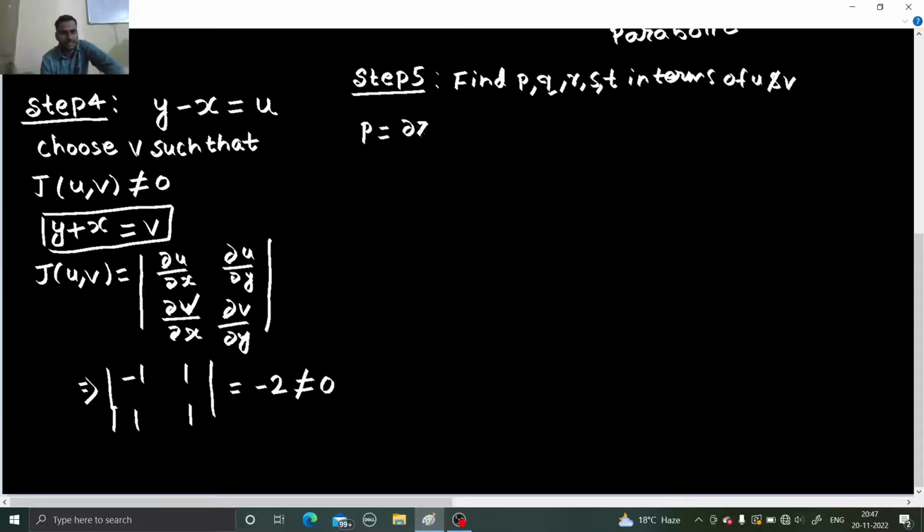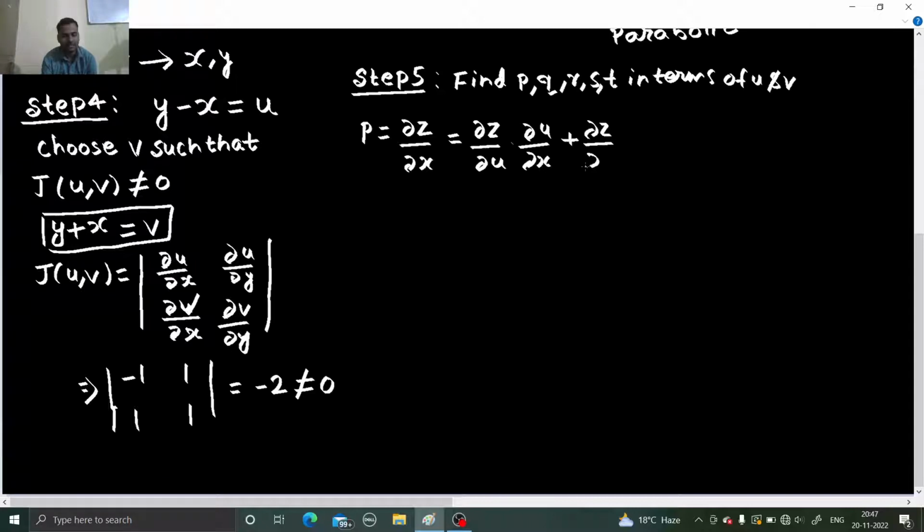Your p is del z by del x. Now z is a function of u and v, and u and v are further functions of x and y. So please keep this in mind. So del z by del x, if you want to find, you find del z by del u and then del u by del x, plus del z by del v and then del v by del x.